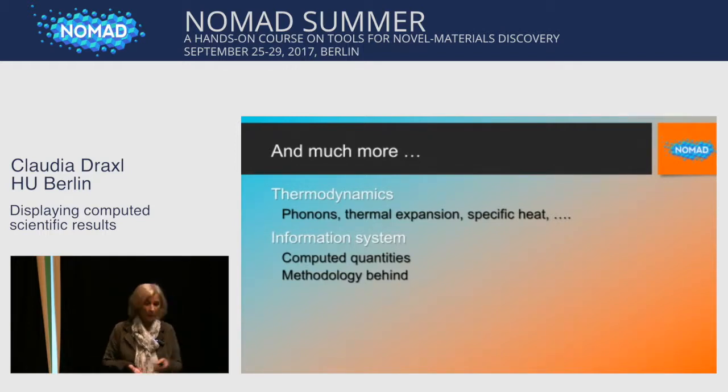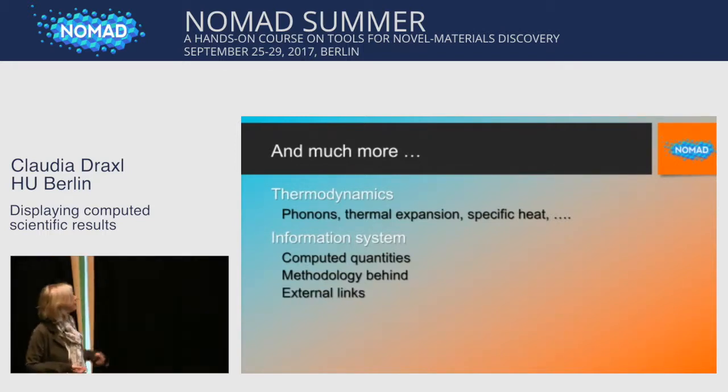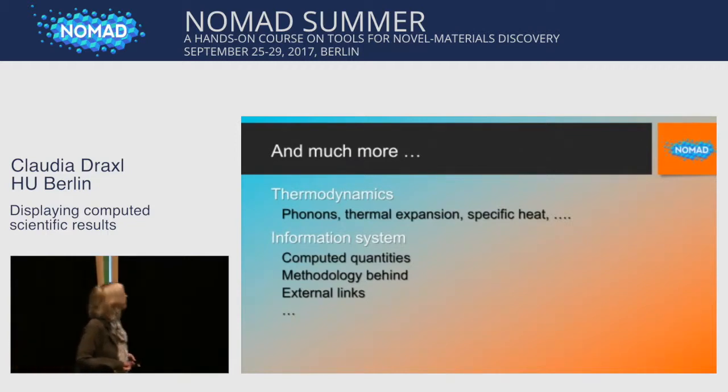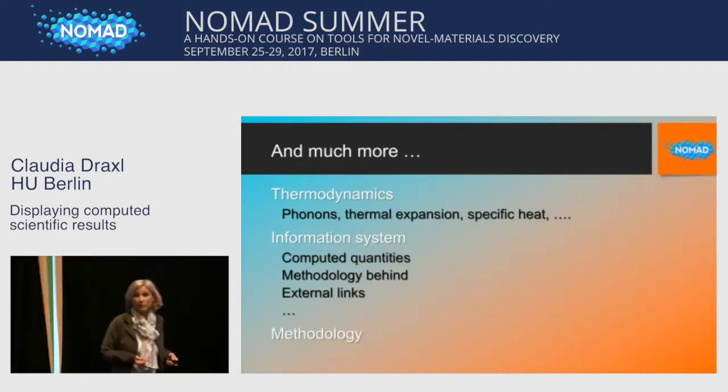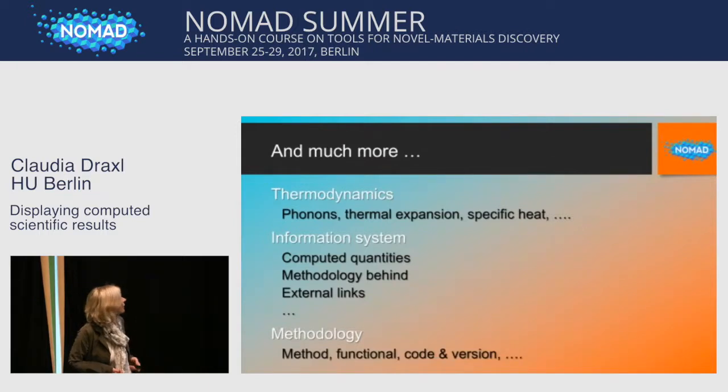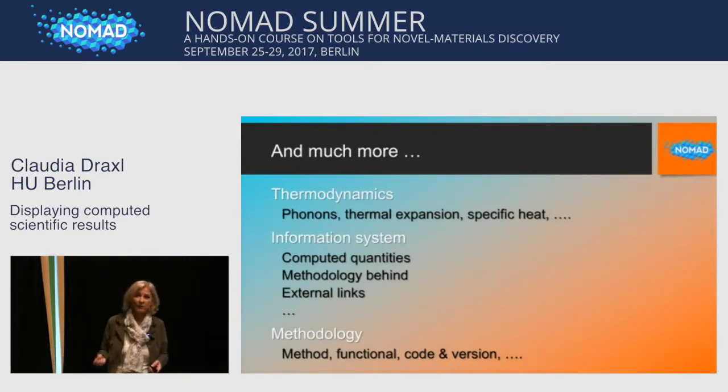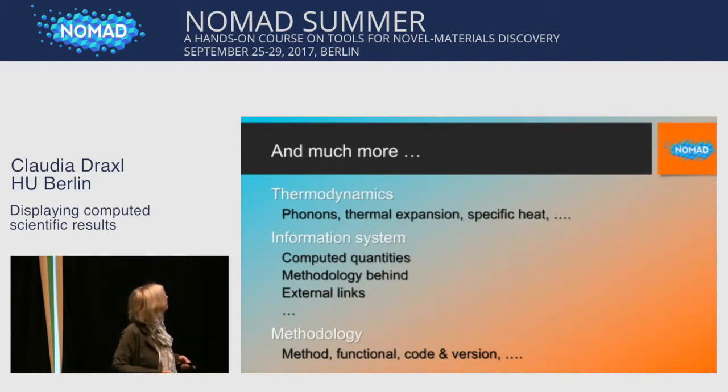There are also links to Wikipedia and things like that. So there are external links and much more. We have information also on the methodology, method, functional, code version. If you are just interested in what the basics behind density functional theory is, then maybe a link which guides you there.